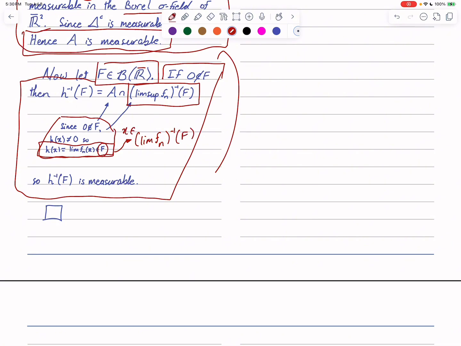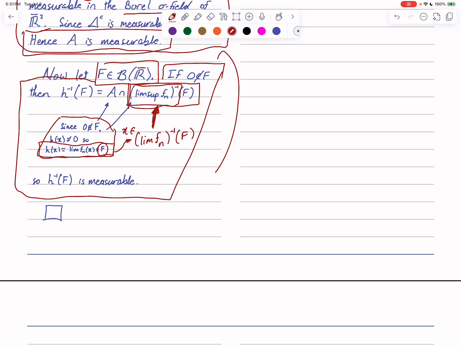Now we are instead talking about the lim sup. It doesn't actually have to be the lim sup; we could also have said the lim inf, but we're talking about the lim sup here because if the limit exists, then it's equal to the lim sup. And we already know that the lim sup is a measurable function.